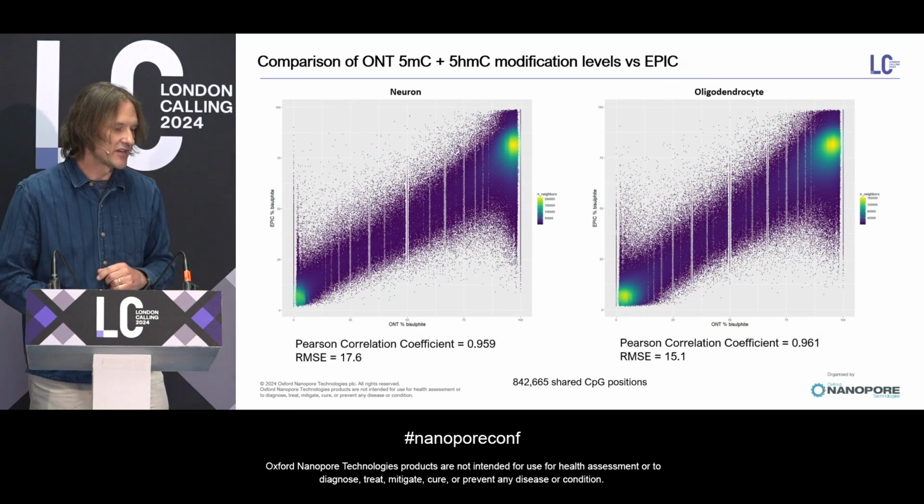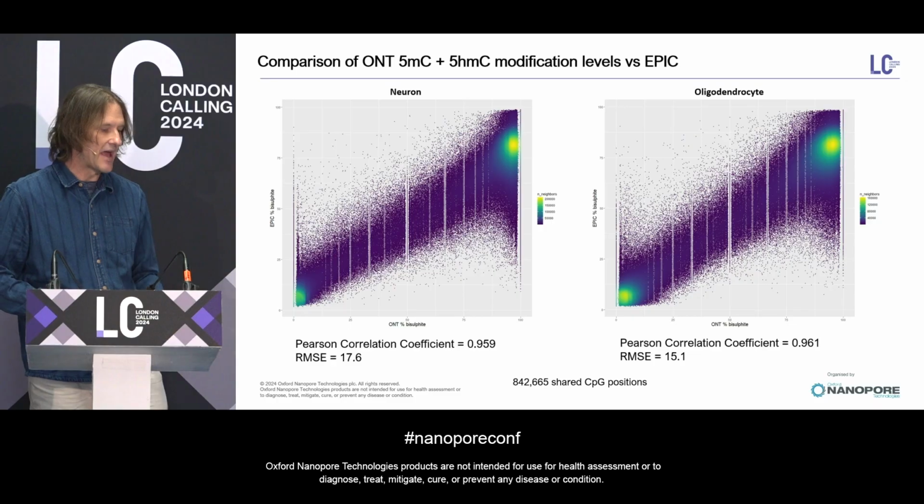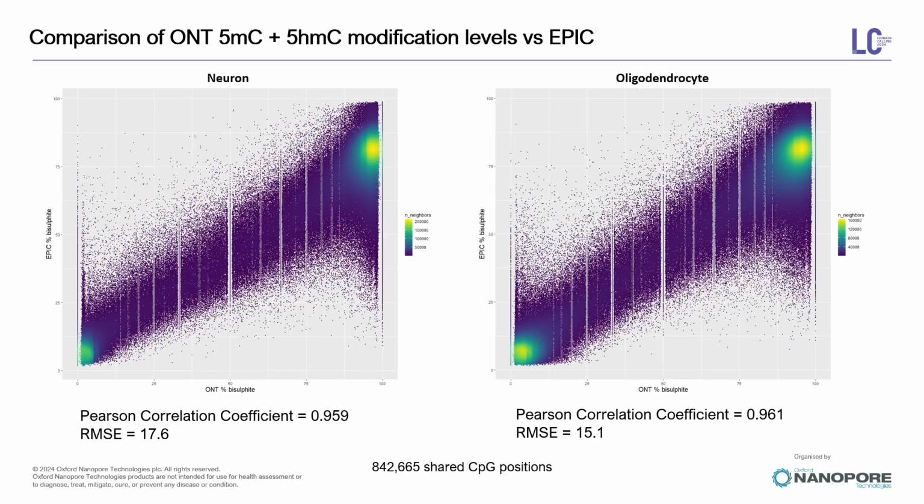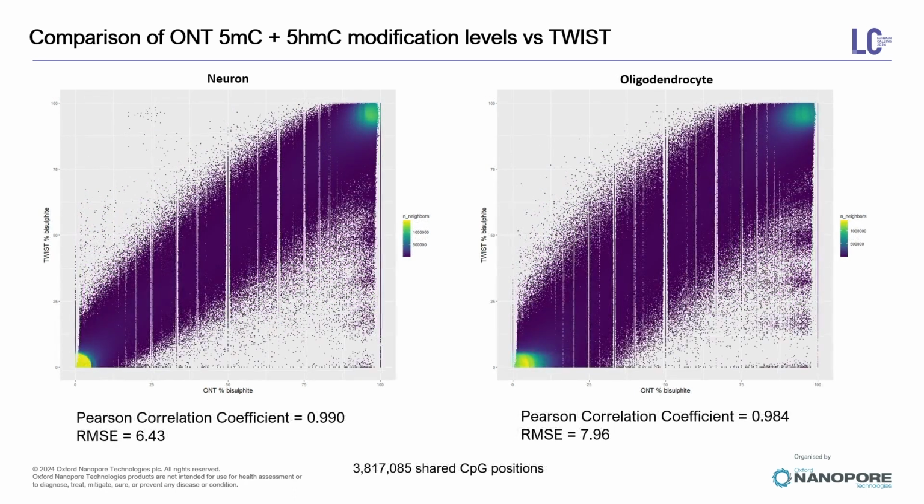We did correlation coefficients between ONT and EPIC, around 0.96 for shared CpGs, and when we compared ONT with Twist, we're getting nearer to 0.99 correlation coefficients.